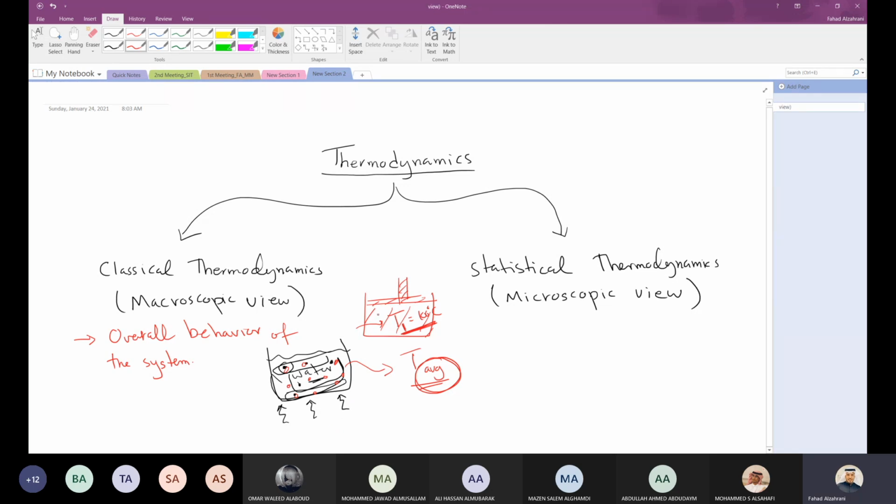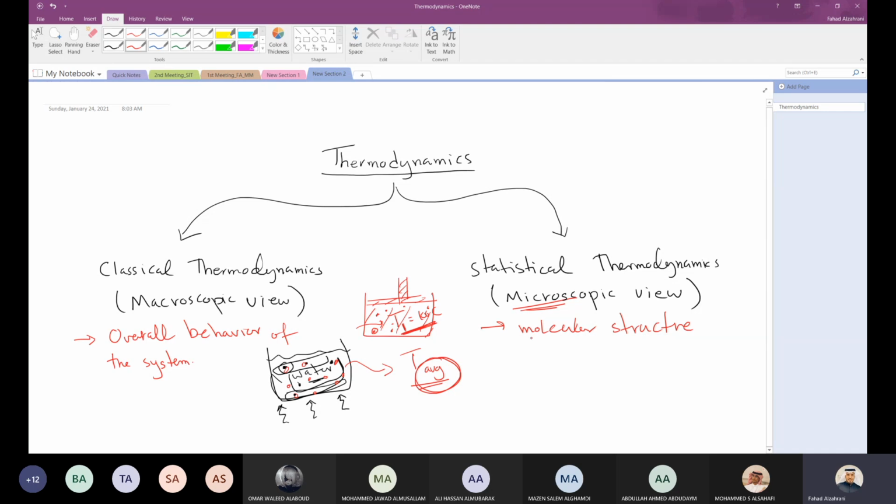However, if you look into each part, each location, this corresponds to the microscopic level. If you look at the molecular structure and study the effect of these molecular properties on the whole system, this is what we call the microscopic view of thermodynamics, or statistical thermodynamics.